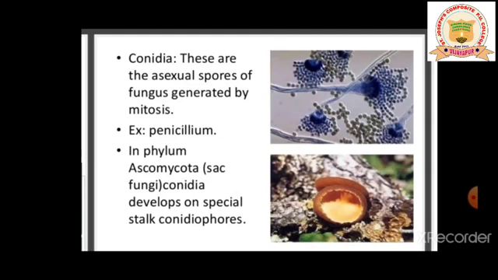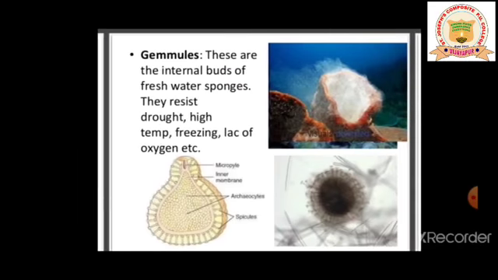In phylum Ascomycetes, like fungi, conidia develop on a special stalk, the conidiophore. The next asexual reproductive structure is gemmules. These are the internal buds of freshwater sponges. They resist drought, high temperature, freezing, and lack of oxygen.